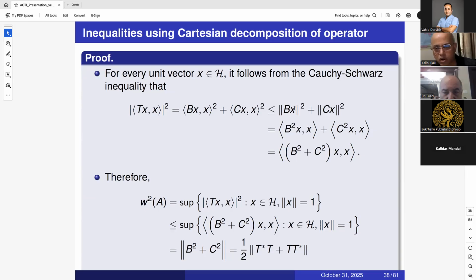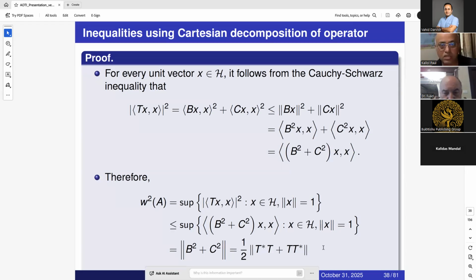So this is less than or equal to ||Bx||² plus ||Cx||², so this is <B²x,x> plus <C²x,x>, so <(B²+C²)x,x>. I can see some typos here: this T and A are actually the same; it should be w²(T). So this is the supremum of this, which is less than or equal to <(B²+C²)x,x>. So again, this is equal to the norm of B² plus C², so half of the norm of T*T plus TT*.